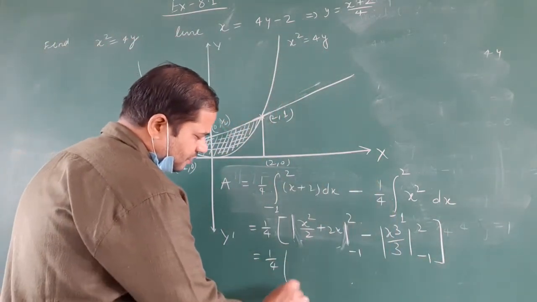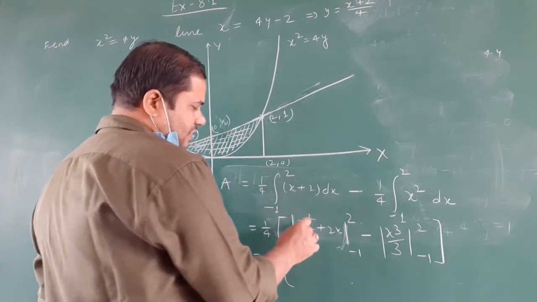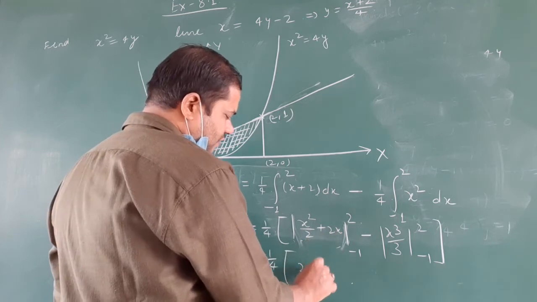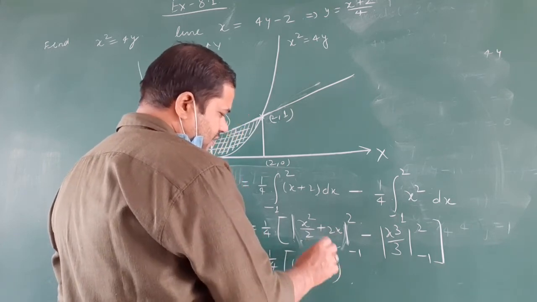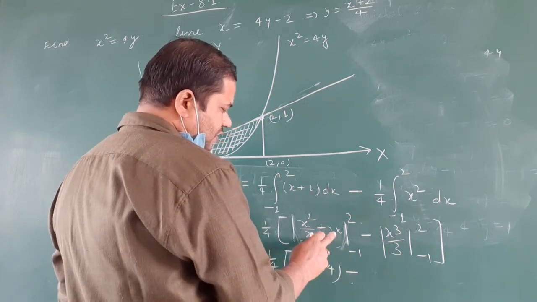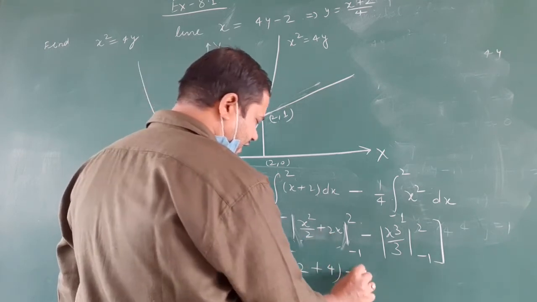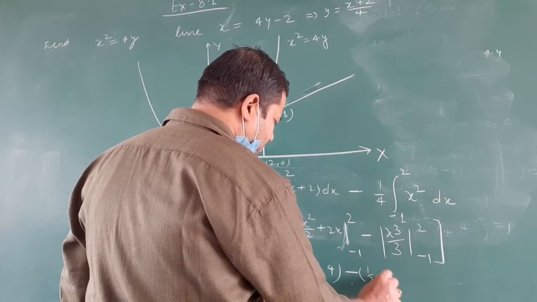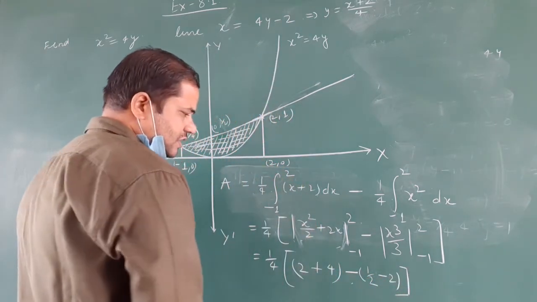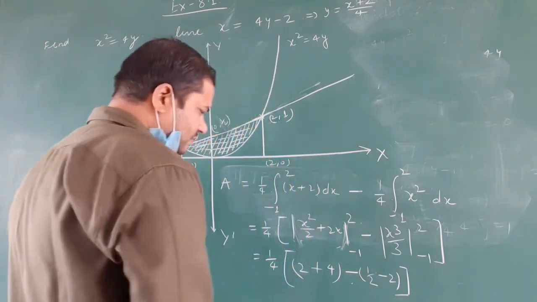1 by 4 within bracket, this is 4 by 2, 2 simply plus 4. Minus, this is 1 by 2 and minus 2, in bracket 1 by 2 minus 2. This is with 1 by 4.